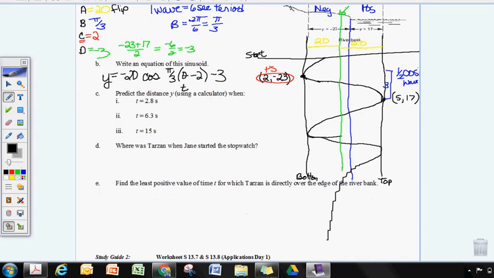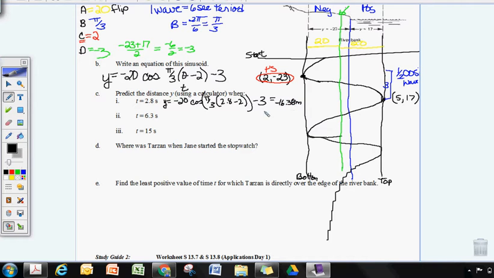So now you're going to grab your calculator, and all you're going to do is plug in your t value. So this one would be y equals -20 cosine of pi over 3. And again, when you're putting this in, you need to put a parenthesis there, and then you're going to put a parenthesis here of 2.8 subtract 2, close those parentheses, minus 3, and hopefully you come out with negative 16.38 meters.